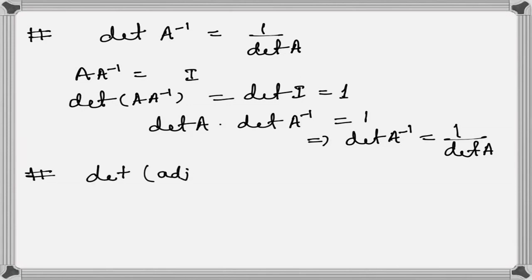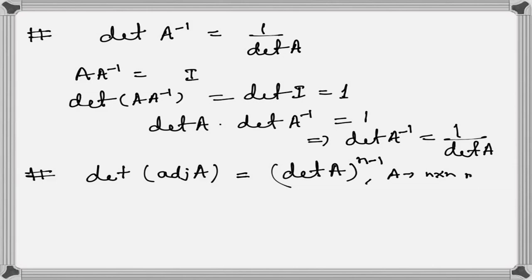Another one is related with the adjoint. The determinant of adjoint A can be obtained from the determinant of A raised to the power n minus 1, where A is an n cross n matrix.